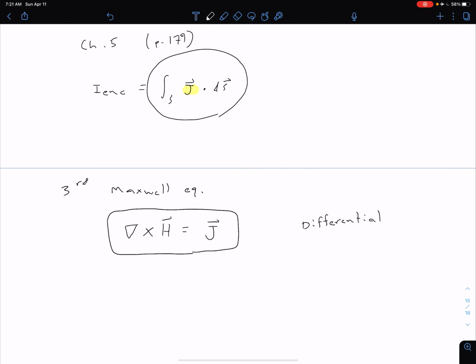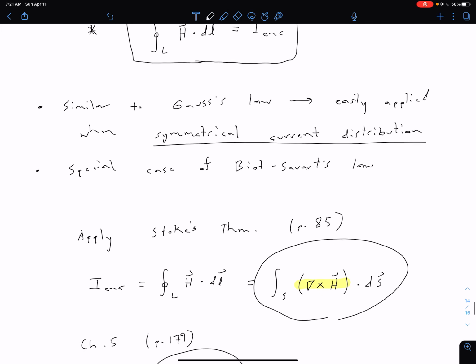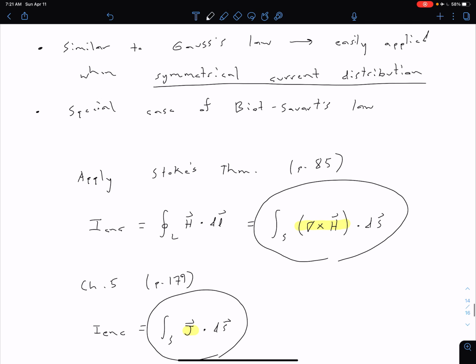This form down here is our differential form, and the initial equation that we started with is our integral form. Of course they're both saying the same thing, just slightly differently, and in certain applications, one might be more relevant than the other. We'll see that as we look at some of the current distributions in the following videos.